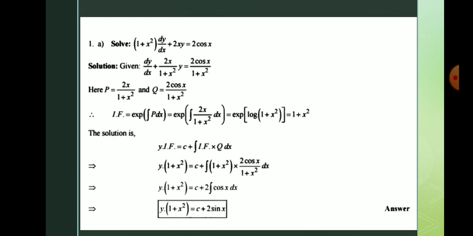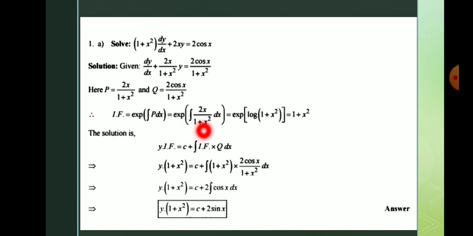Here the integrating factor is e^(∫P dx), which is the exponential of the integral of 2x/(1 + x^2) dx, which is e^(log(1 + x^2)), because we know that the integral of 2x/(1 + x^2) dx is log(1 + x^2). So the exponential of the log function is equal to 1 + x^2.